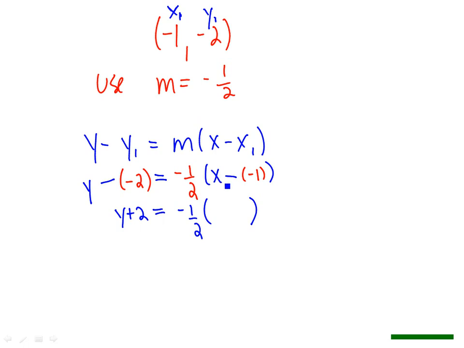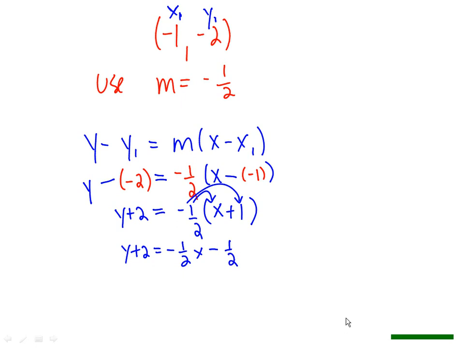And so you make sure you do x plus 1 here first. Now let's distribute and first put it in slope-intercept form. So we have y plus 2 equals -1/2 x minus 1/2.